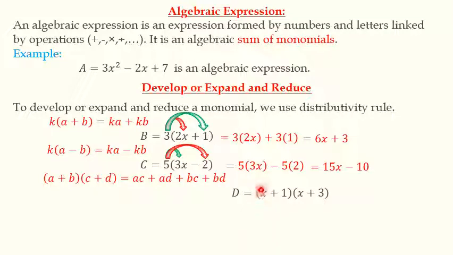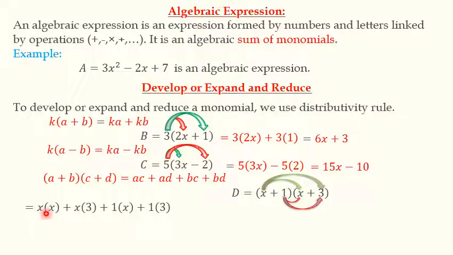I can multiply x by x, then by 3, then multiply 1, the other term, by x and also by 3. During multiplication, I can write a multiplication sign or simply put parentheses. x times x is x squared, x times 3 is 3x, 1 times x is x, and 1 times 3 is 3. Here we have x squared, we write it as it is.